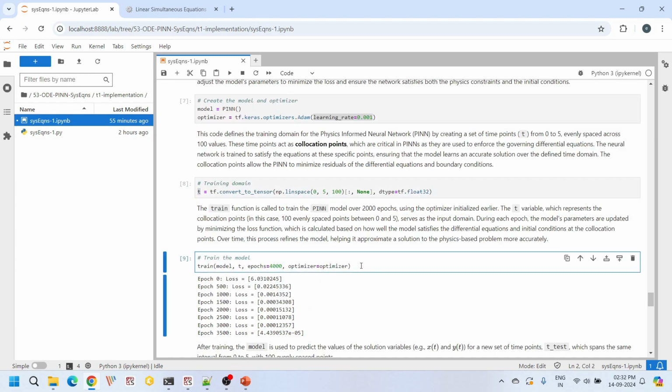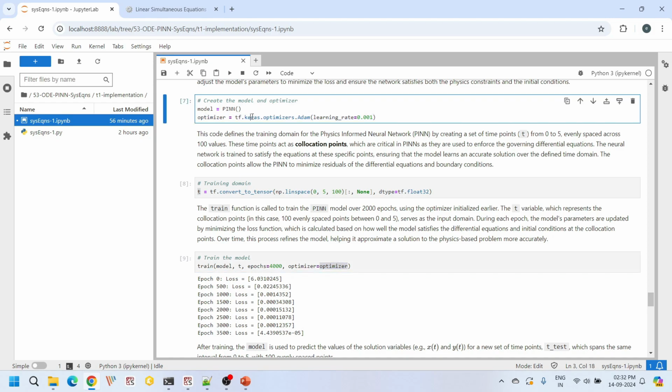And here I am calling the train function with these four arguments: the model that I have initiated, the time t, the collocation point vector, the total number of epochs, 4000, followed by the optimizer, which I have defined here as an Adam optimizer.